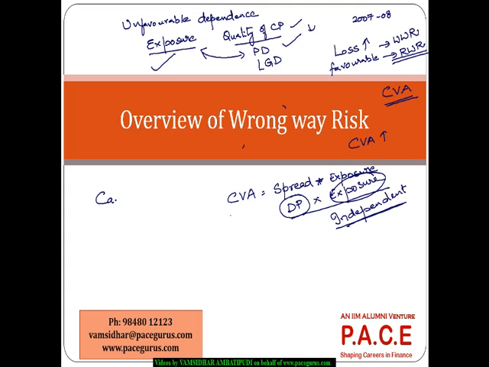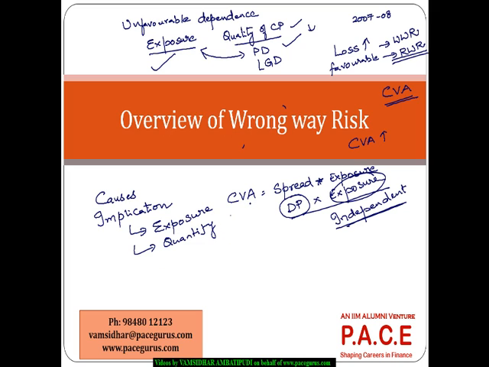So I really need to understand the causes, why this wrong way risk is coming up, and what the implications are. Whatever the current formula that I am using to compute my CVA, what is the implication this wrong way risk brings with respect to my being able to estimate my exposure and quantify the counterparty risk more effectively?